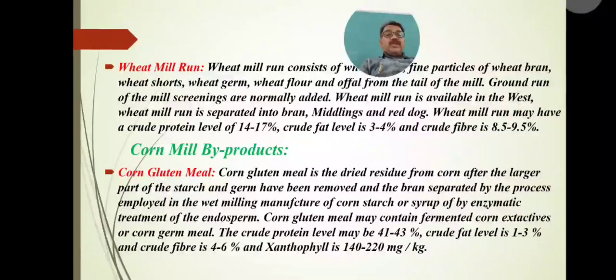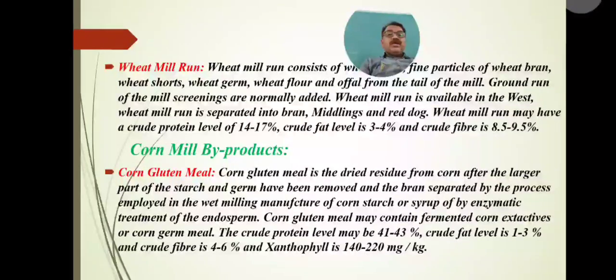The crude protein level may be 41 to 43%, crude fat level is 1 to 3%, and crude fiber level is 4 to 6%. In this corn gluten meal, an extra content present is xanthophyll, at 140 to 220 mg per kg.